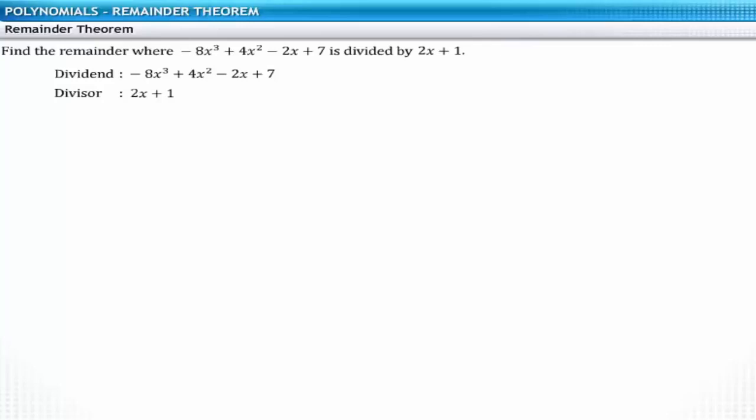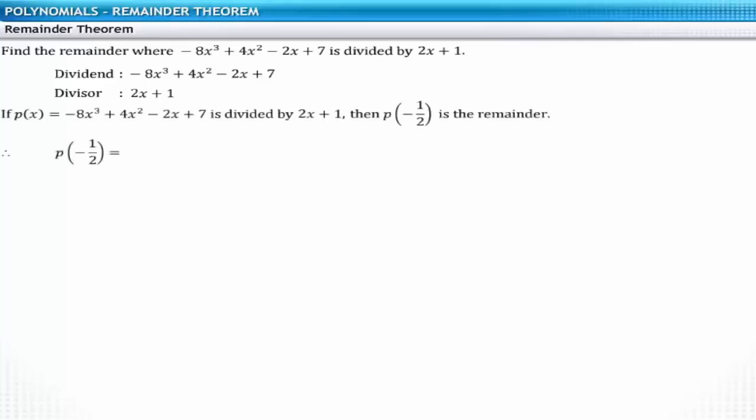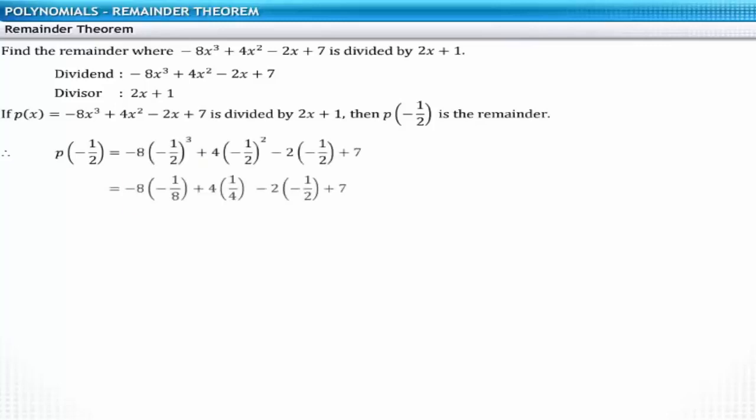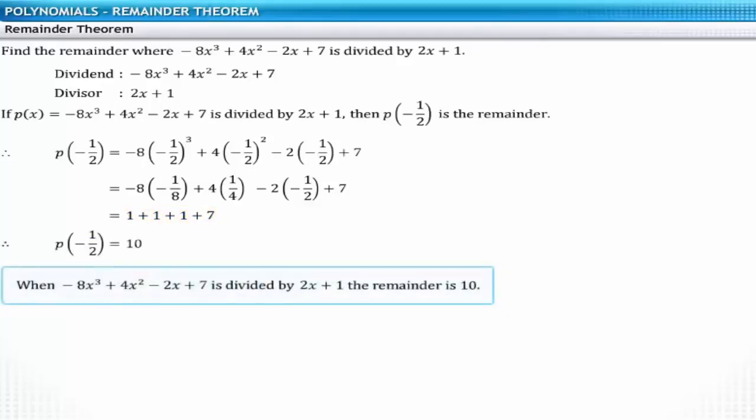According to the guidelines provided, if P of x is divided by ax plus b, then the remainder is P of minus b divided by a. Therefore, in this problem, the remainder is P of minus half. If you replace x with minus half in the polynomial P of x, you get the remainder is equal to 10.